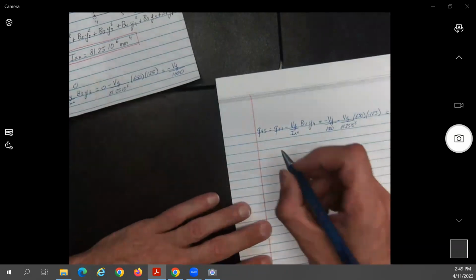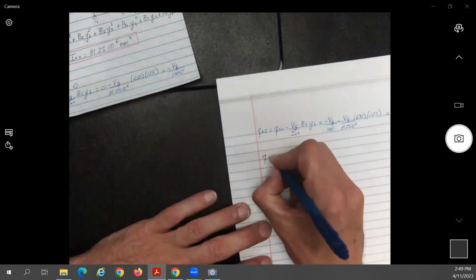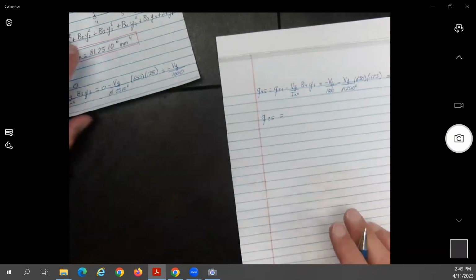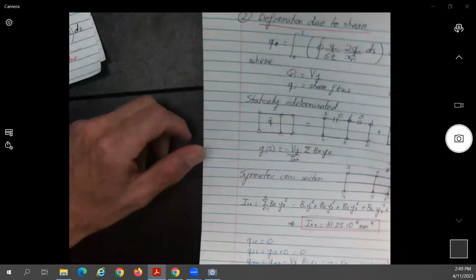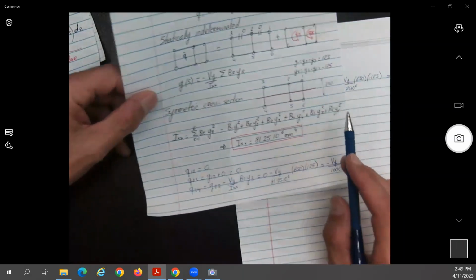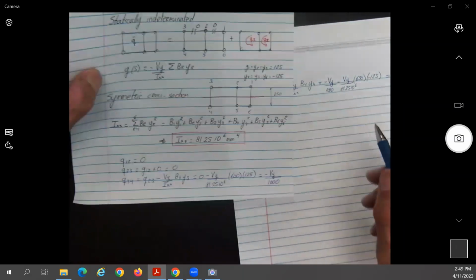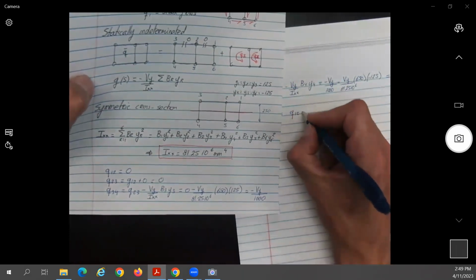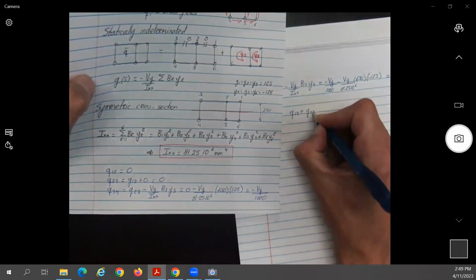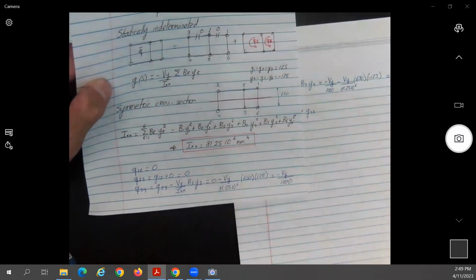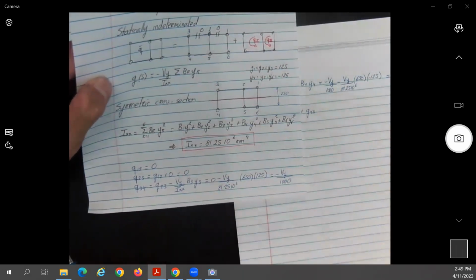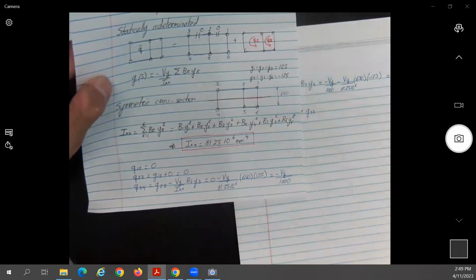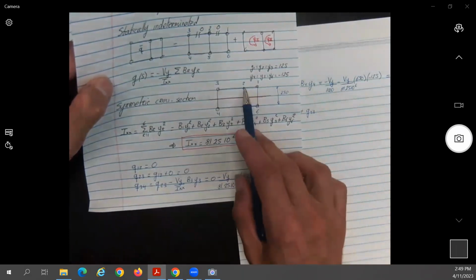Okay, now let's do the one that's a bit more complicated, Q25. Q25 would be equal to what? Q12, no? Plus Q23. Both are going in here, no?